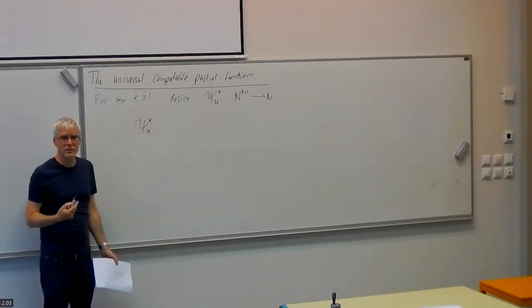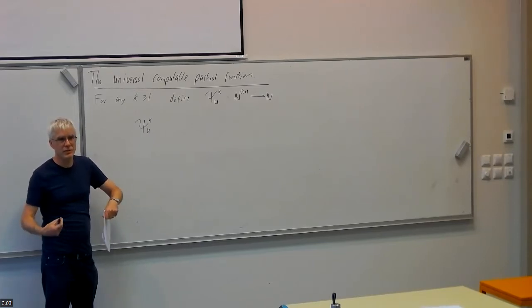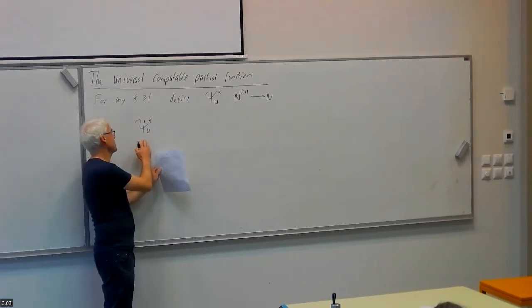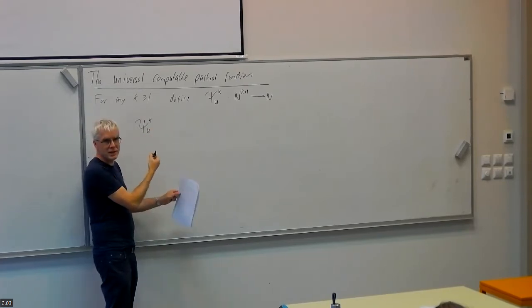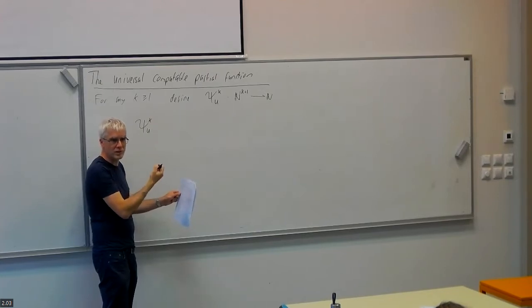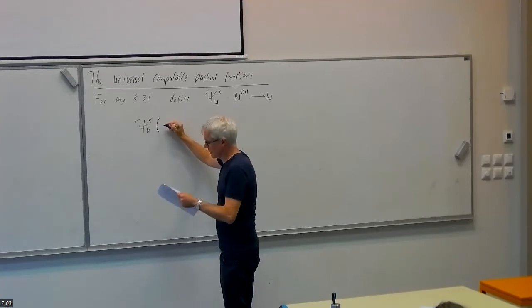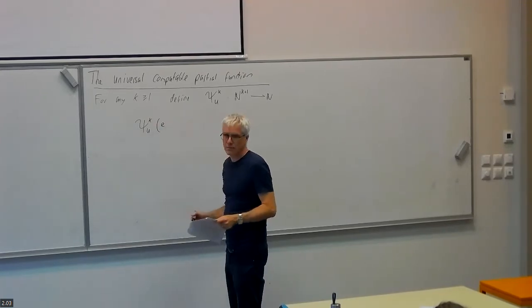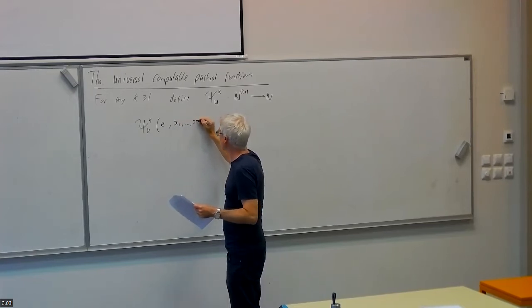The idea of the universal Turing machine was, as an input, we give the universal Turing machine an encoding of a Turing machine that the universal Turing machine is going to simulate. Analogously, the universal partial function, as an input, we're going to give it a code for a partial function that the universal partial function is going to compute. So the first argument is going to be a code e for a partial function, and the remaining k arguments are going to be arguments to give that partial function.